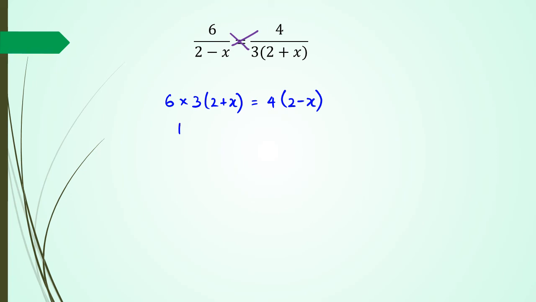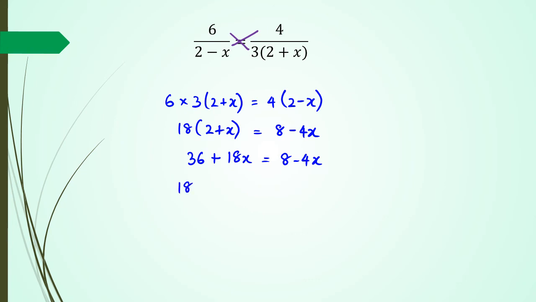So we've got 6 times 3, which is 18, and then 18 multiplied by 2 plus x. 4 times 2 is 8. 4 times negative x is negative 4x. Now expanding this bracket here, 18 times 2 is 36, plus 18 times x is 18x, equals 8 minus 4x. Okay, let's rearrange so that the x's all come to one side.